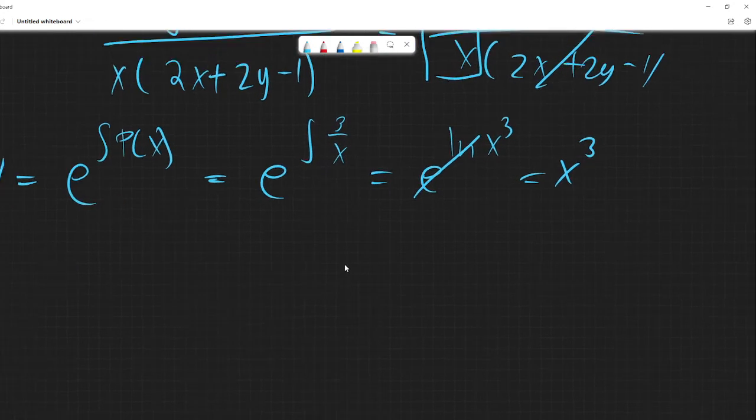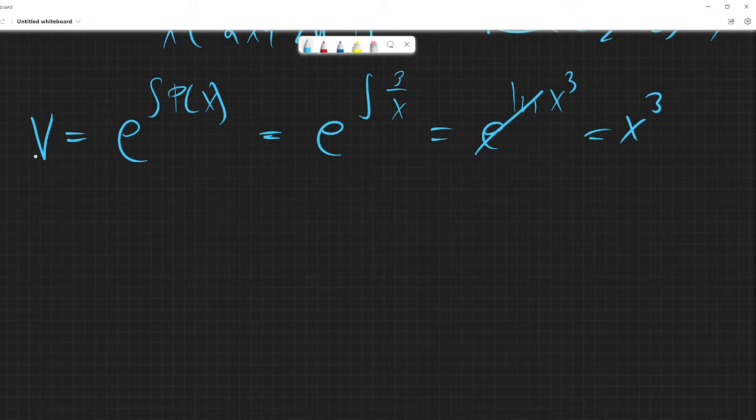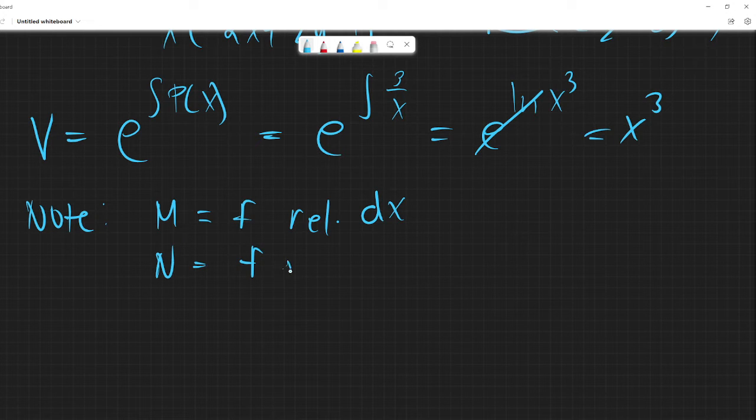So overall, you should note that M is the function related to dx, and N is the function related to dy.